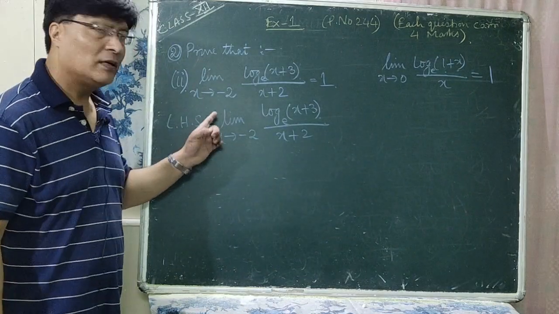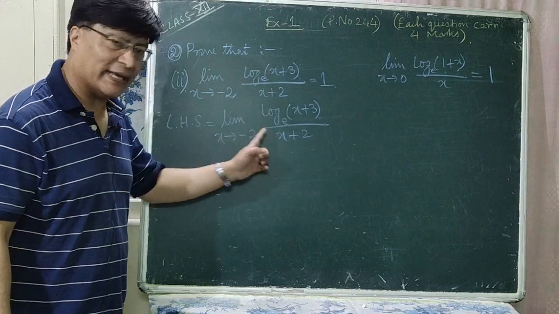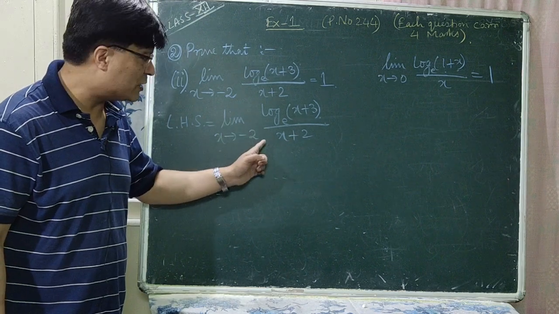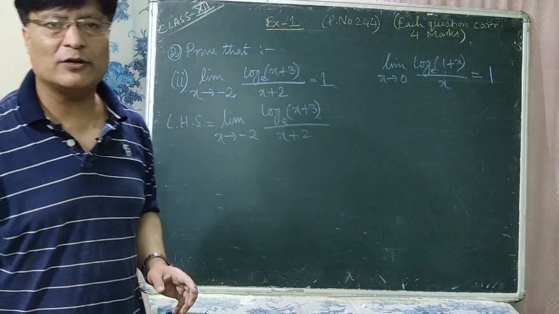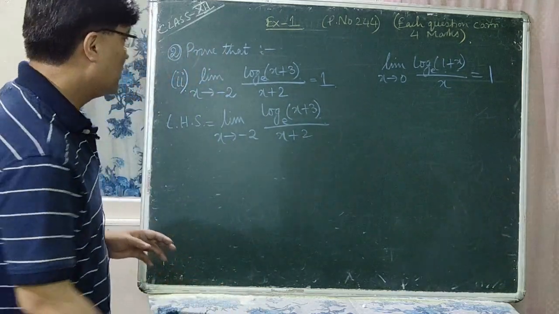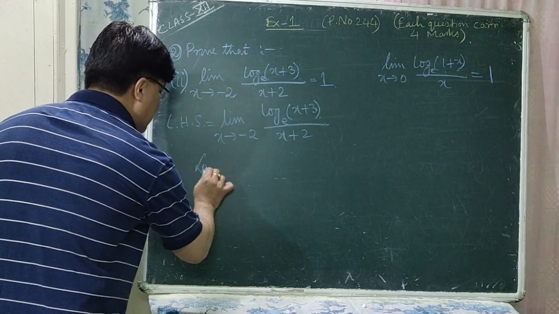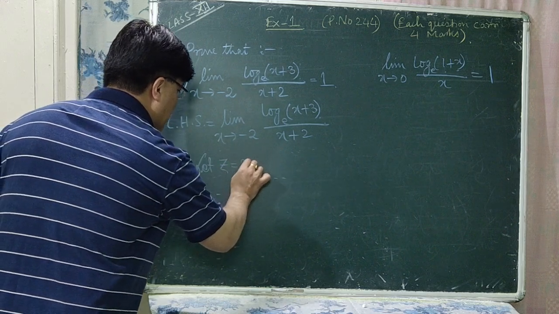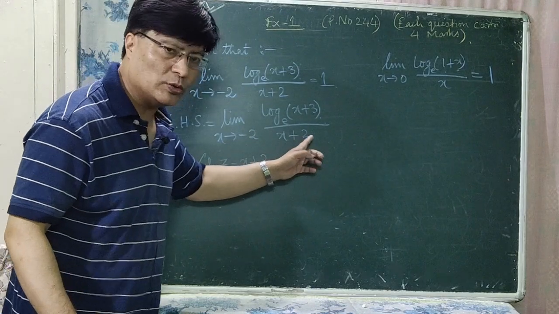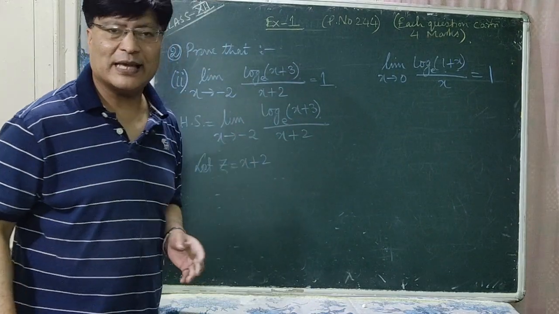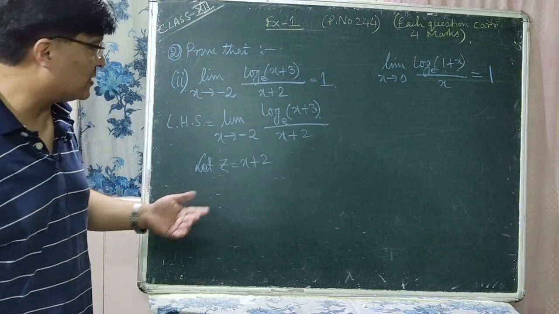Previously the variable was x. If you assume x plus 2 as z, then z will be the new variable. So let z is equal to x plus 2. In the denominator there is x plus 2, and we have assumed this x plus 2 as z.